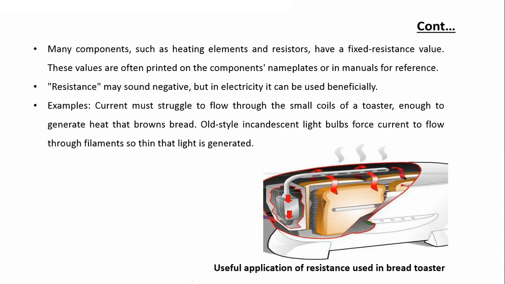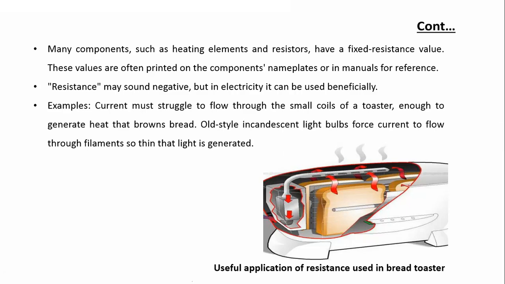Likewise, where the resistance is encountered in the passage of flow of electrons, two things happen. Number one, it heats up your surrounding and the conductor, and number two, it generates light. The light phenomenon is used in old incandescent bulbs, where if you have seen those bulbs of 60-watt power, they have very fine filaments.